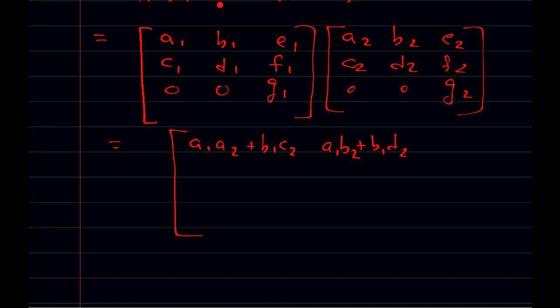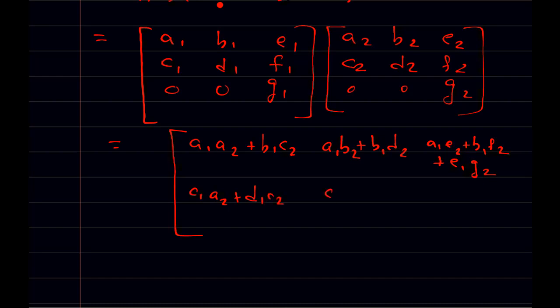And here I'll get A1 E2 plus B1 F2 plus E1 G2. Here I'll get C1 A2 plus D1 C2.